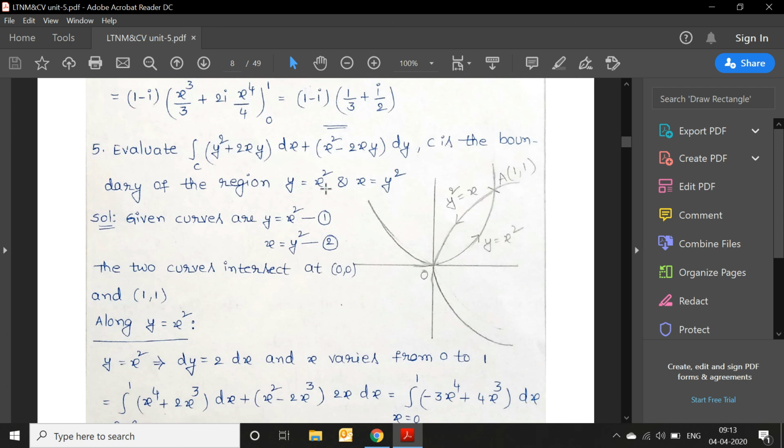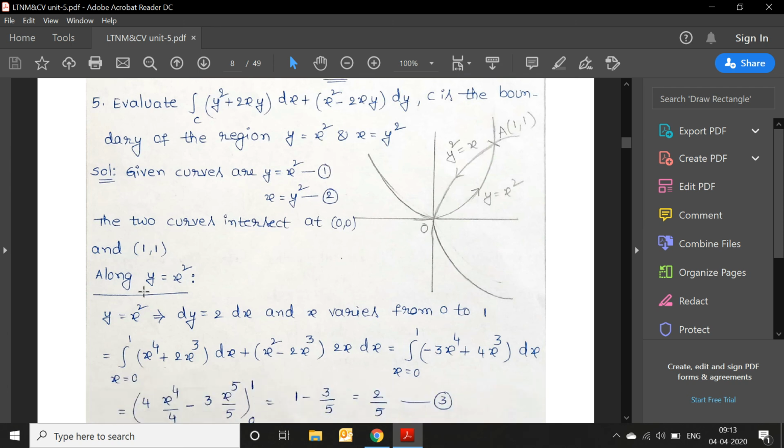First path is y is equal to x square. Along y is equal to x square, clearly x limits are 0 to 1, y limits are 0 to 1. So you can change into any terms, x terms or y terms. But here we are changing into x terms, that is y is equal to x square, dy is equal to 2x dx.